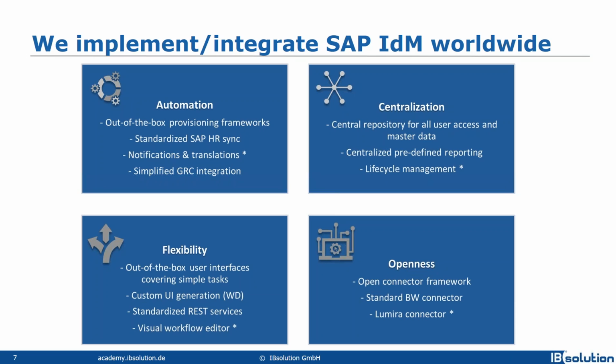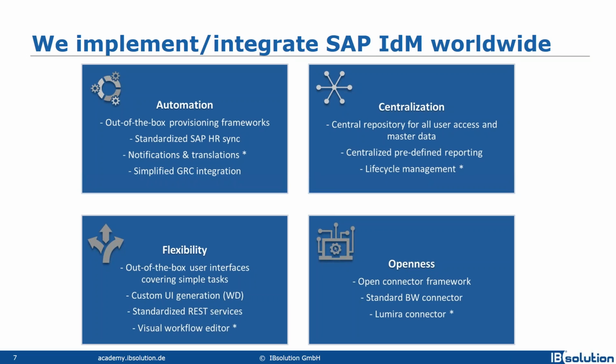There are some notifications and translations, user interface and cockpits. The star which you see there and also in the other squares means that this is a feature which is available from IDM 8. And you know the most common version so far is IDM 7, either 7.1, not that much, but 7.2 with different service packs.